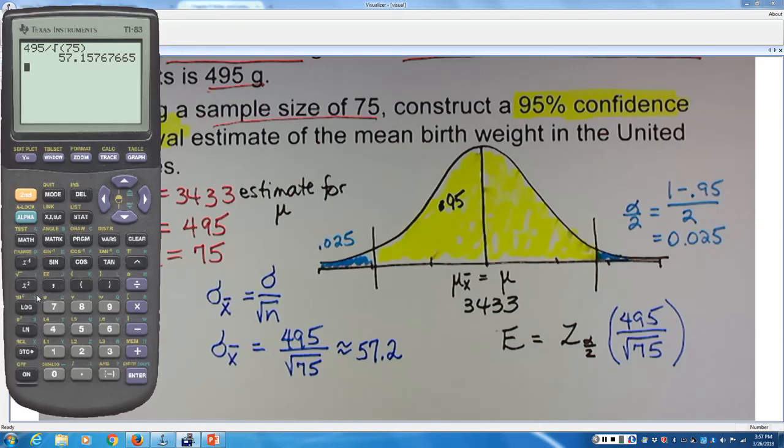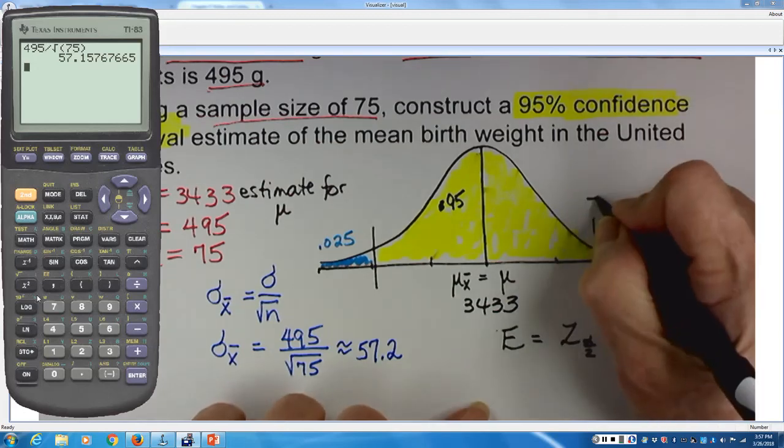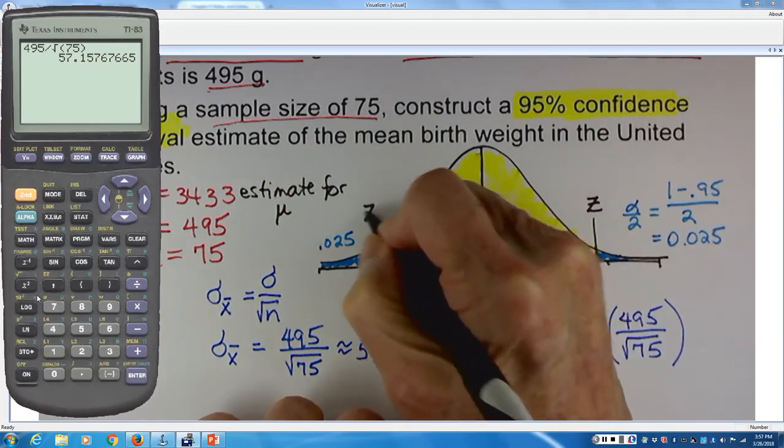And Z alpha over 2 is the Z score here and here.